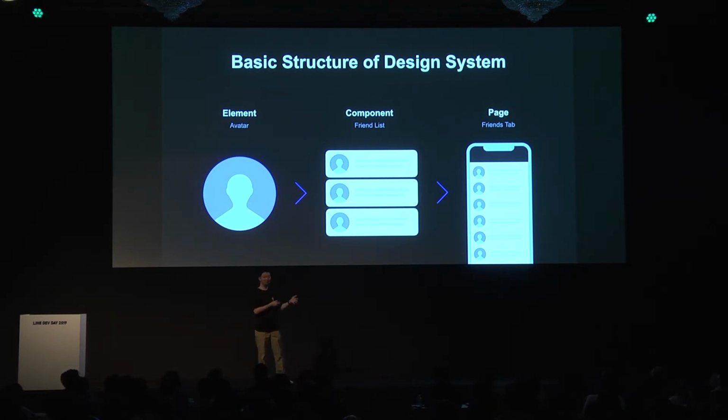Combining the components makes pages, like Line's first tab. There we can see the tab navigation at the top, the chat list and friends list, and at the very bottom, the bottom navigation. All of those components end up in the page, which is the final version of a design which users can use.